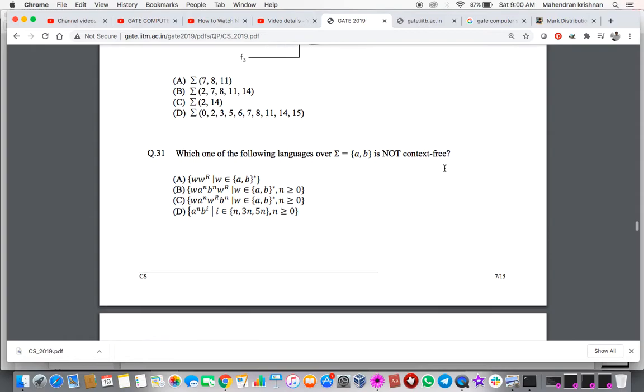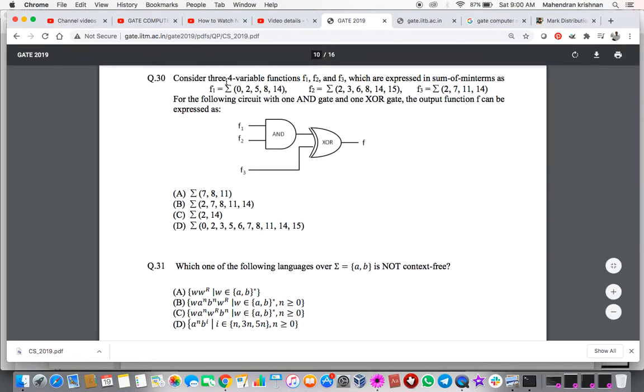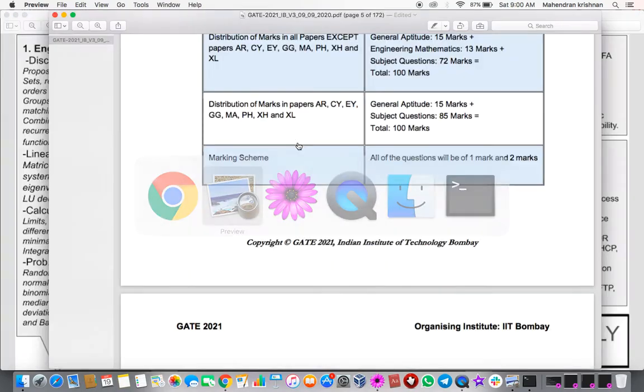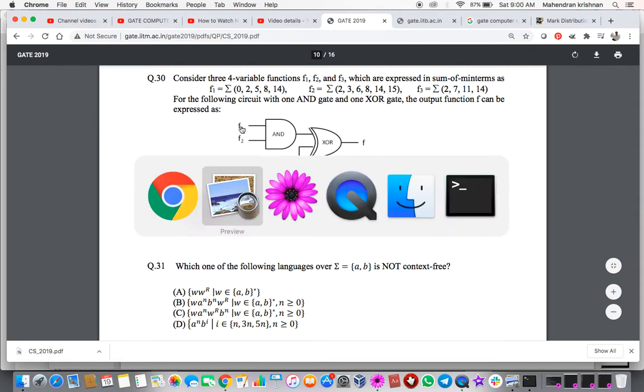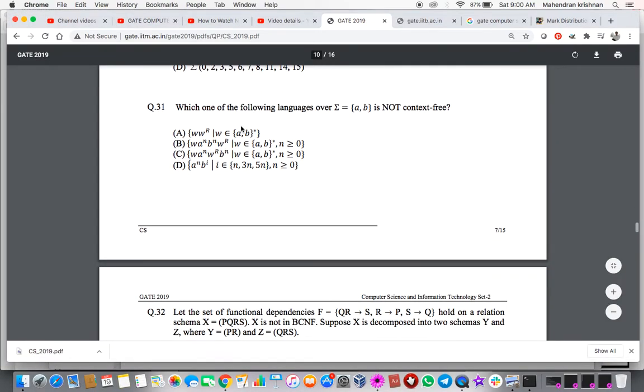So application based. And this one, a formula is given, and this is a diagram, so this should be analysis and synthesis. Then, not context free.